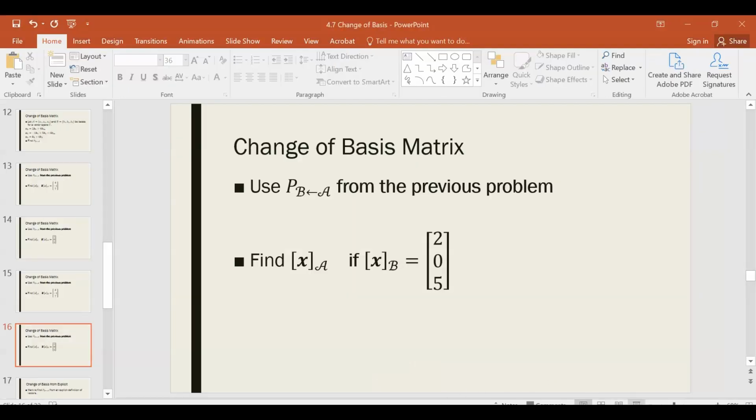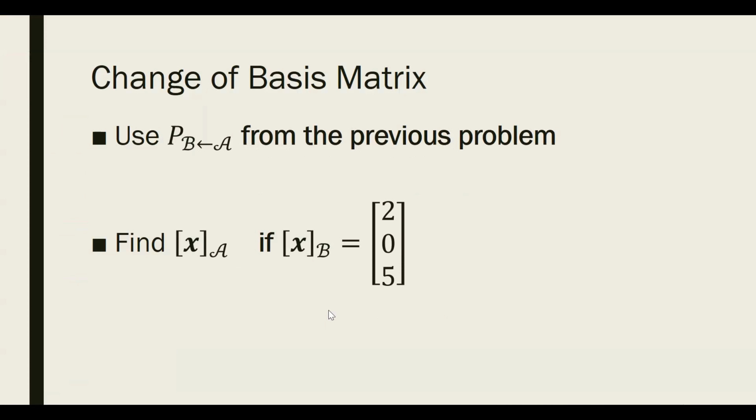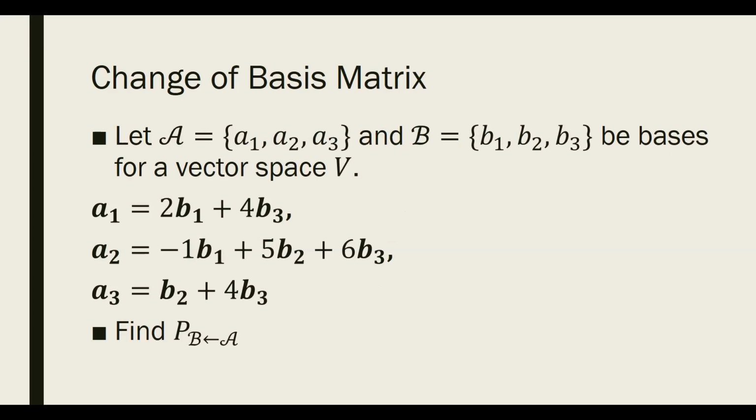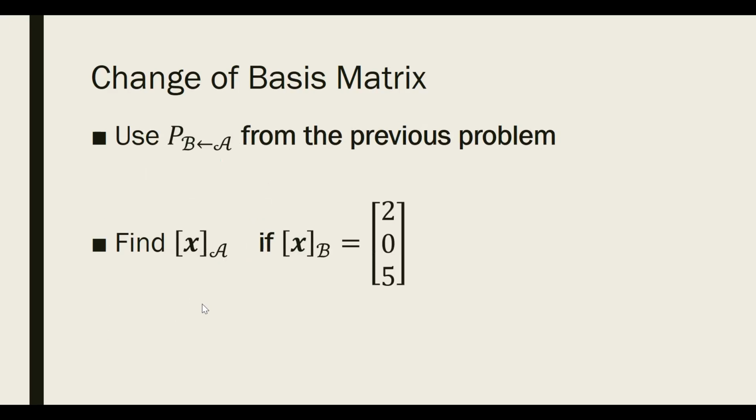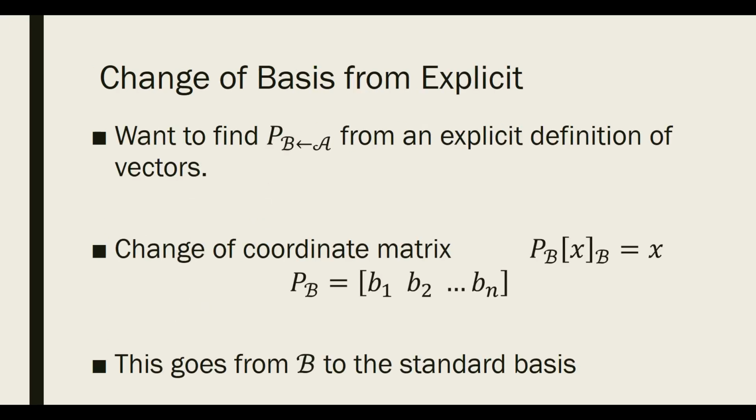Now this is really nice because it was really easy to find the matrix P that transforms from A into B because we had these lists of identities, right? We had each element of A written with respect to B. But what if we don't?